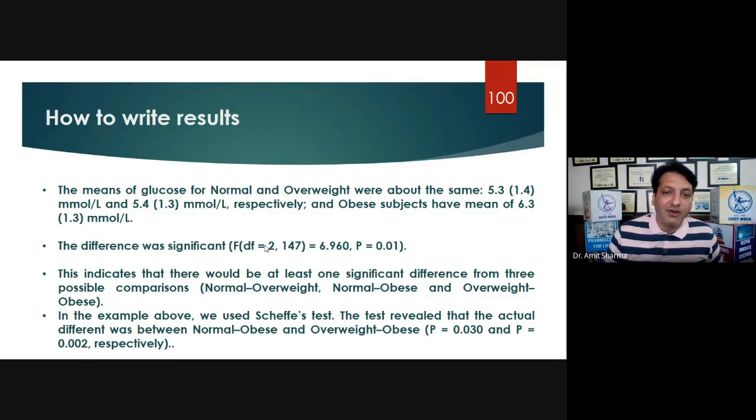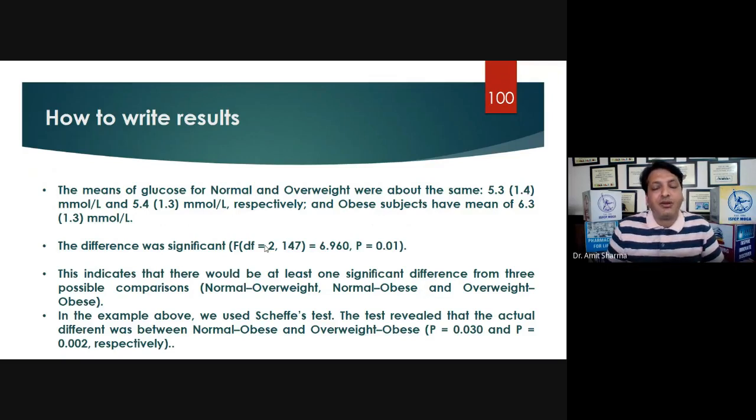Here, though I have not discussed it, while writing your results or your research paper, you can also write about the test for homogeneity, that the p value for the test for homogeneity was found to be 0.234 or whatever it is, and that the data was found homogeneous.